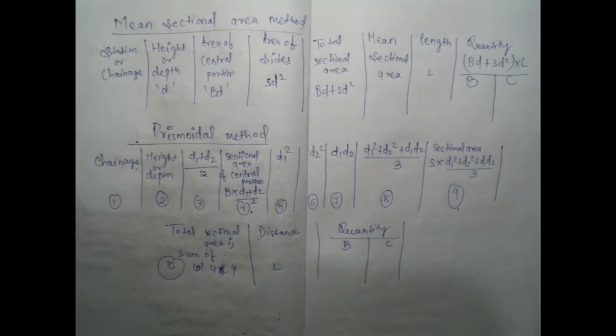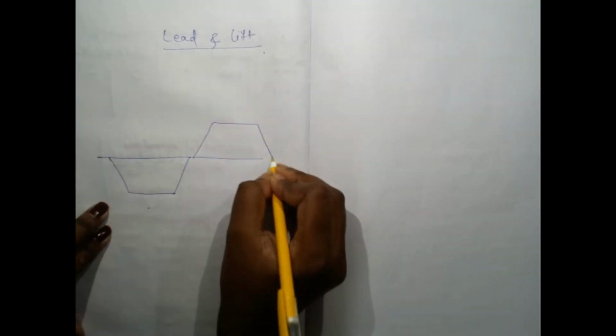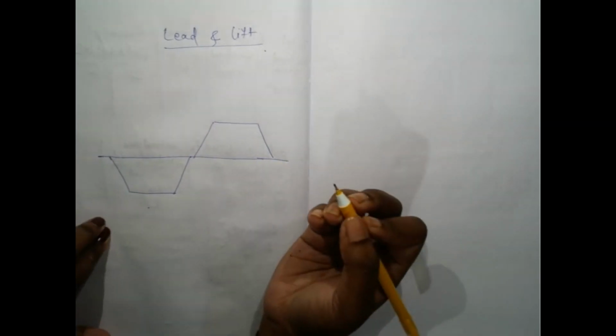Okay. So lastly, one thing that we have to discuss is an important part, that is lead and lift. So what is lead and what is lift? Suppose this is the road section, and we are doing either cutting or filling.